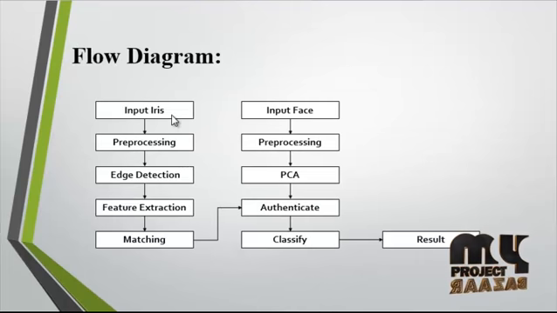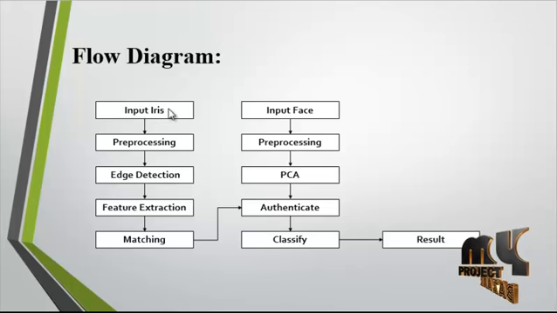Now we discuss the flow diagram for the process. At first, the input image is taken from the dataset. The input image is the iris image. Then it undergoes the pre-processing step for noise filtering, which is done using Gaussian filtering.